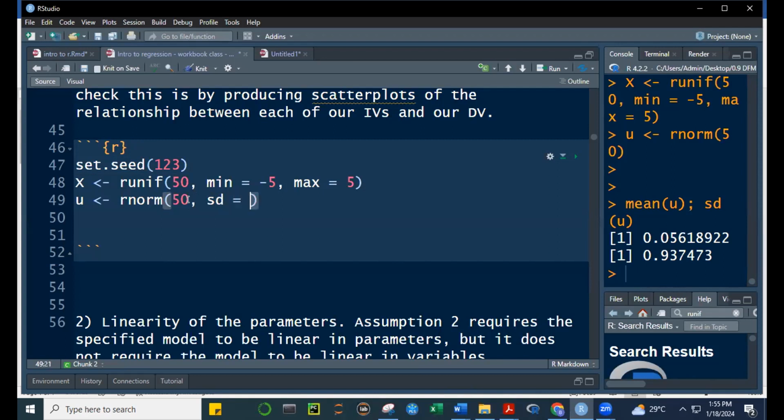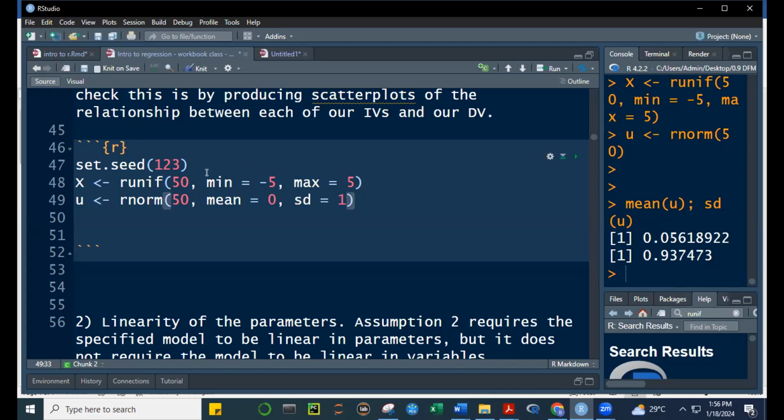Okay, if I put here SD is equal to 1, it's the same, class. It will not matter because the default standard deviation is equal to 1. So putting mean is equal to 0 and SD is equal to 1 is just the same as not putting it here, because the default mean is equal to 0 and standard deviation is equal to 1. Okay, I hope you got it, class.